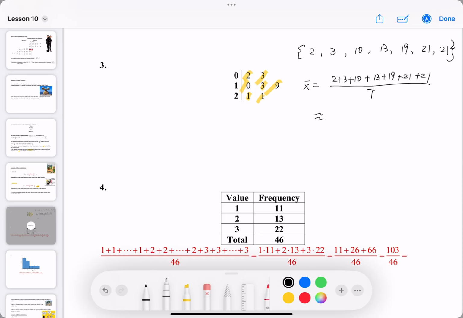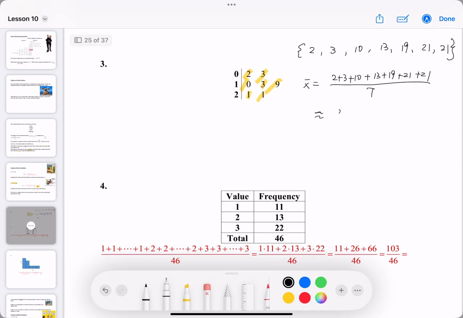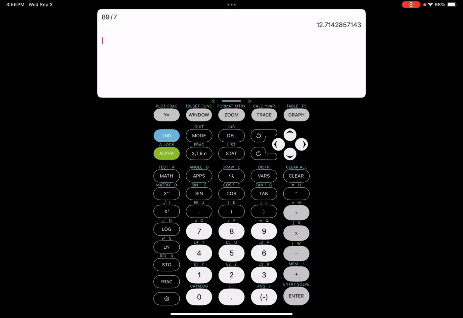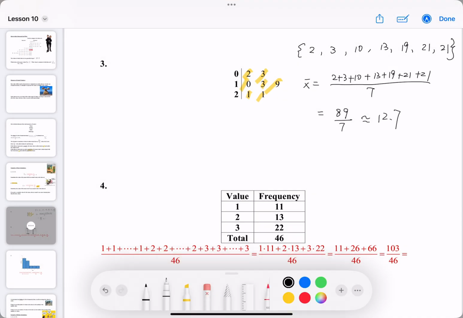I don't have my cheat sheet here, so we can use our calculator and do the addition on the top. We have 89 over 7. Use a calculator. 89 divided by 7 is 12.7 with more digits after; if I keep only one decimal place, we have 12.7.